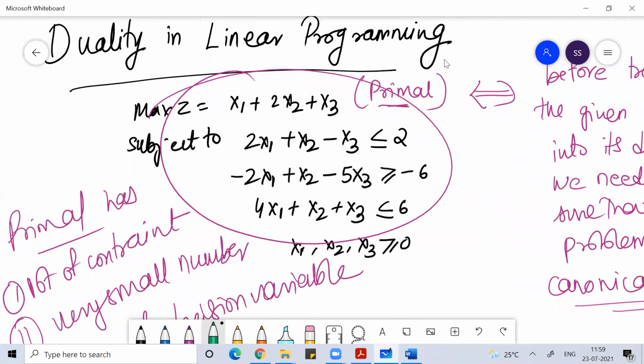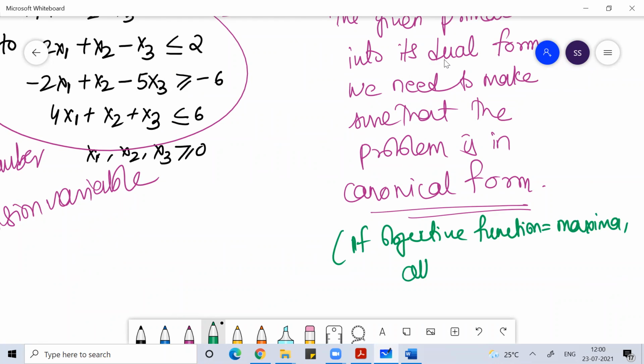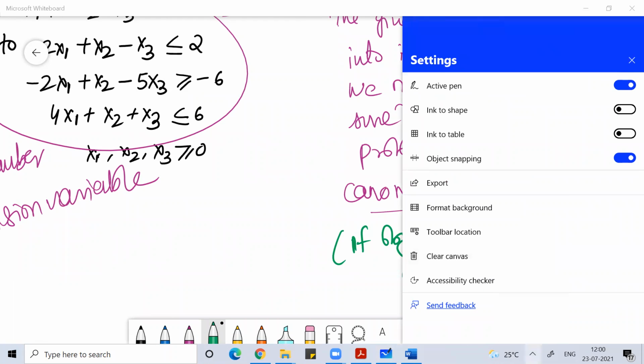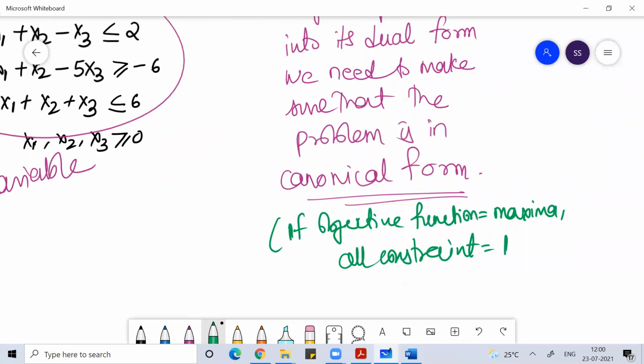Canonical form basically means that if your objective function is maxima, then all your constraints should be less than or equal to.